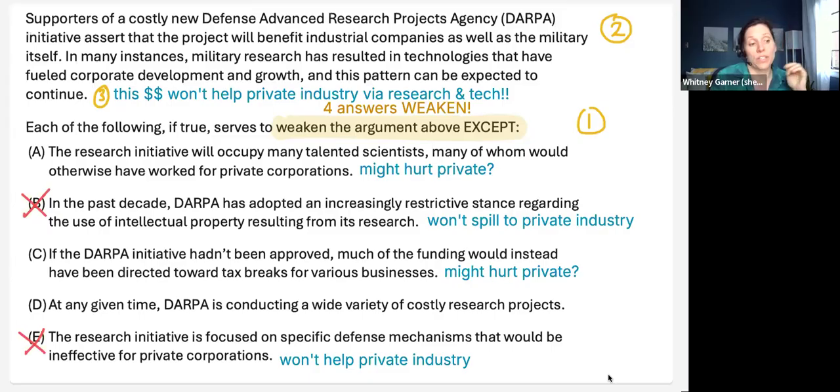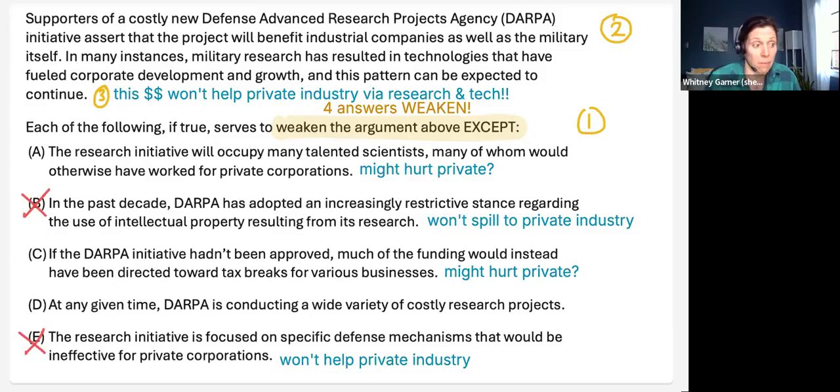D says DARPA is always doing expensive stuff. I'm not really sure. Okay, they're doing a lot of expensive stuff. But if that expensive stuff is helpful to private industry, that would strengthen. If all that expensive stuff doesn't help private industry, that would weaken.